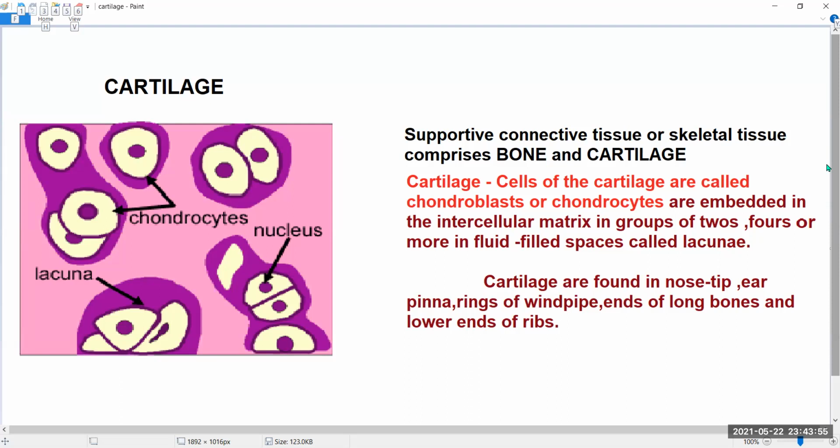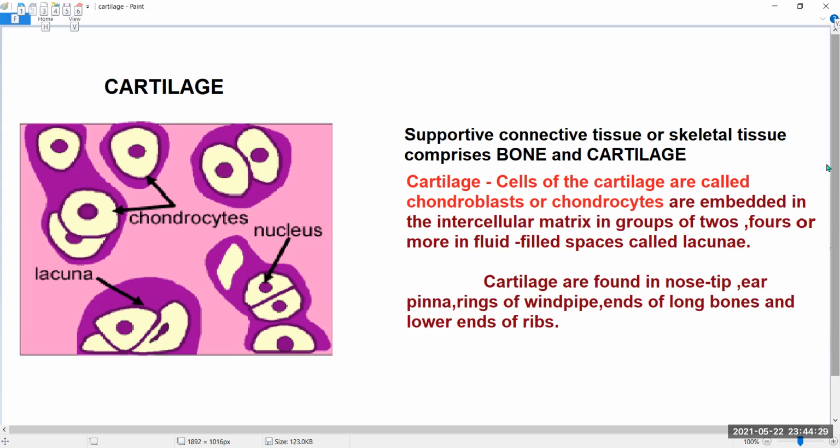They are embedded in the intercellular matrix in groups of 2s, 4s, or more in fluid-filled spaces called lacunae. So cells of cartilage are chondrocytes or chondroblasts. And where are they embedded? They are embedded in fluid-filled spaces called lacunae.